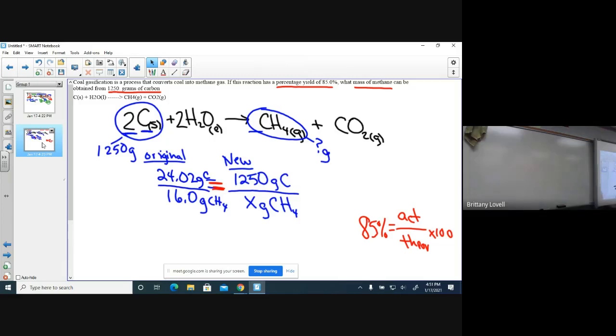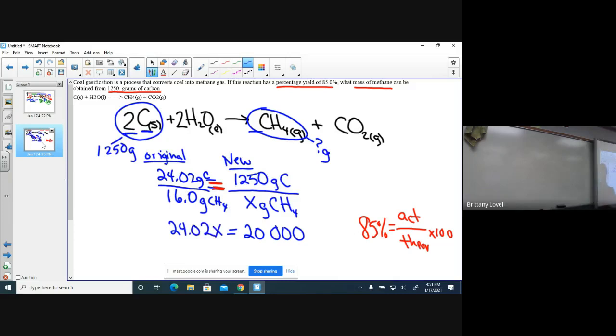And then I'm going to use my calculator and I'm going to cross multiply and solve for x. Okay. All right. So here we go. I've got 16 times 1250. And I come out with 20,000. And I'm going to set that equal to 24.02x.